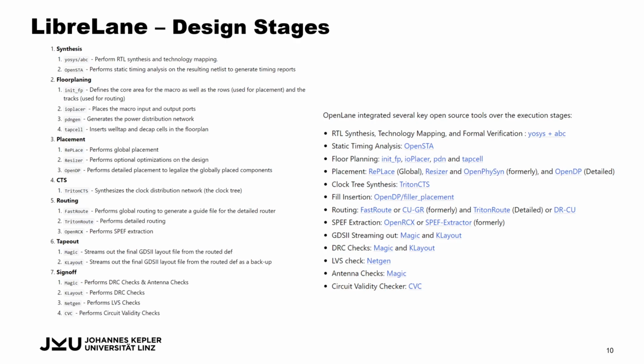For parasitic extraction, we have OpenRCX. For the LVS check, we have Netgen. So we have a lot of open source tools laying around and are used within these flows. And this is what's happening under the hood.